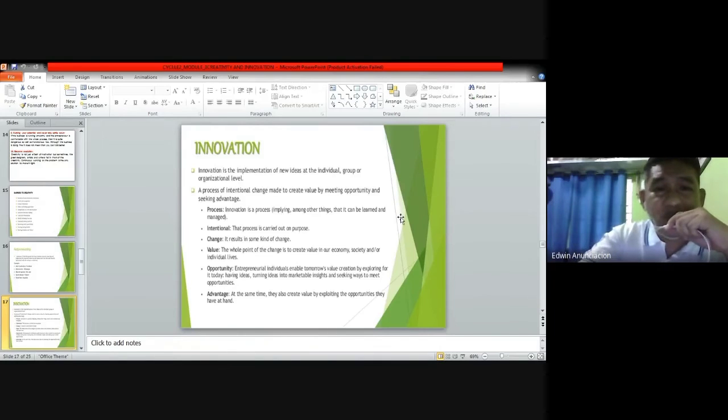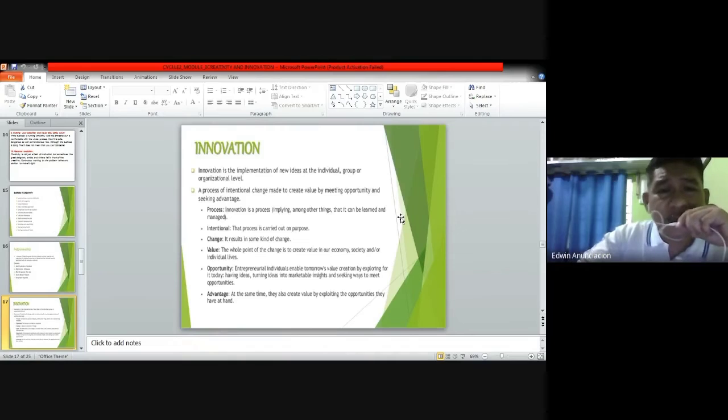Change. It results in some kind of change. Kasi nga po, mayroon nang existing. So, siyempre, through this, what we call creativity, papalitan mo yan, definitely magkakaroon ng change. Ang importante po, tandaan ninyo, parang sa buhay lang yan, no? Nothing is permanent in this world except change. Important is you must be changing for the better.